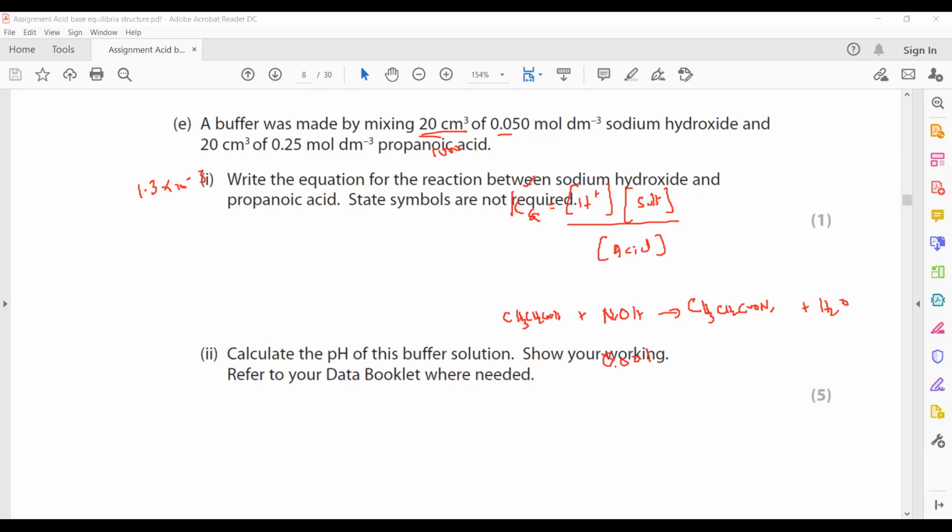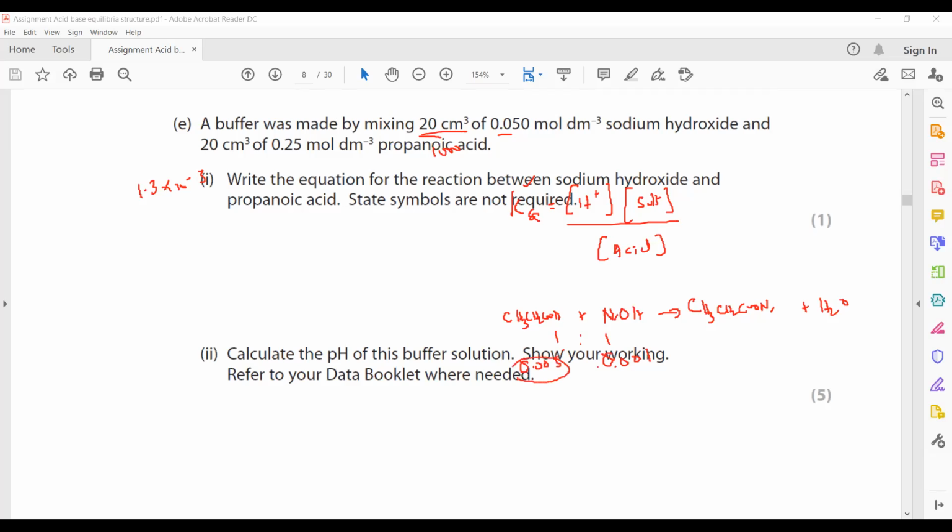How many moles of propanoic acid are there? It will be 20 multiplied by 0.25 divided by 1000. So 0.005 will be there. So the simplest ratio is 1:1. If 1:1 is there, this mole will be used up.